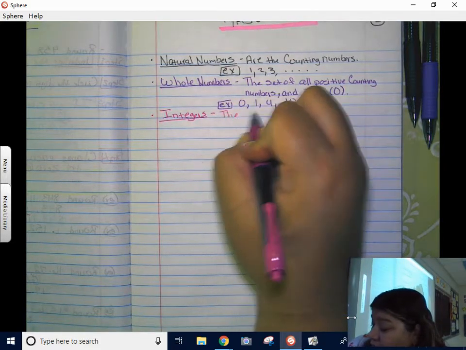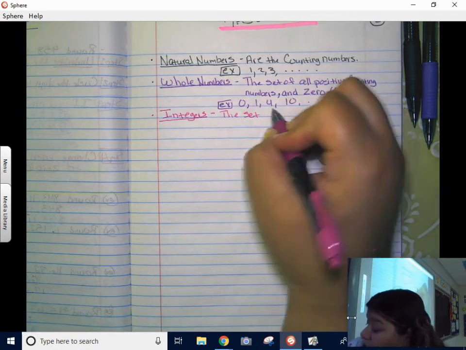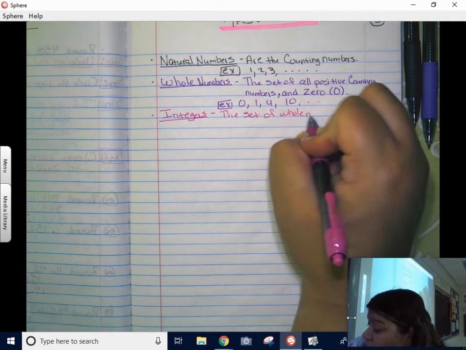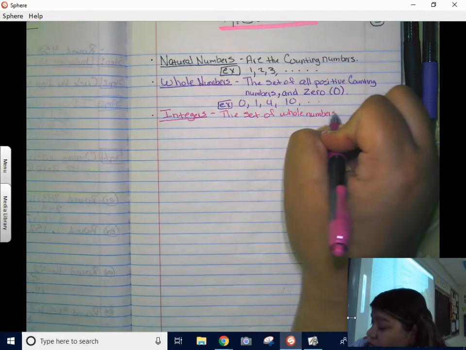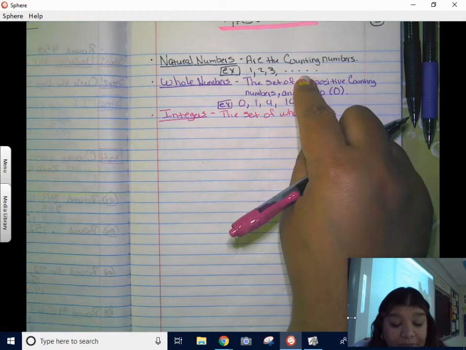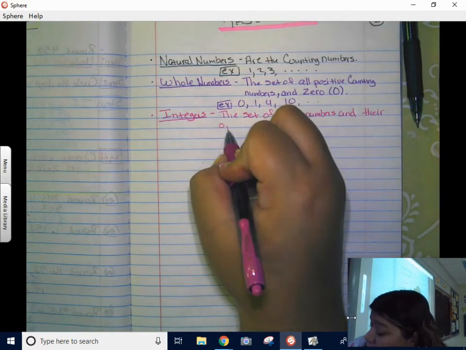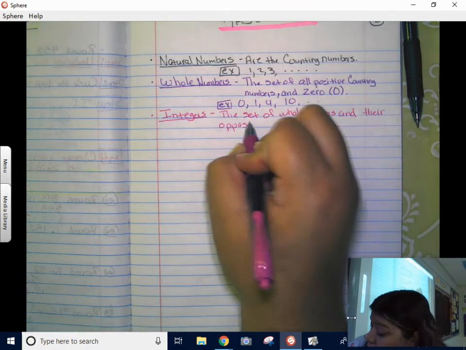So integers is the set of whole numbers, because remember, whole numbers are all the natural numbers, and their opposites.